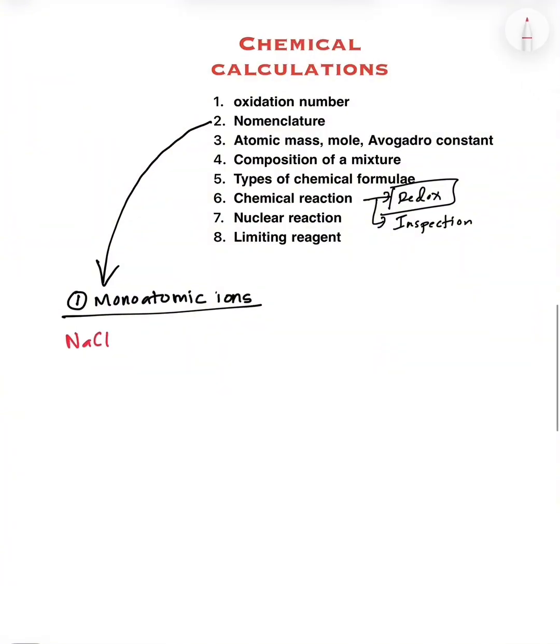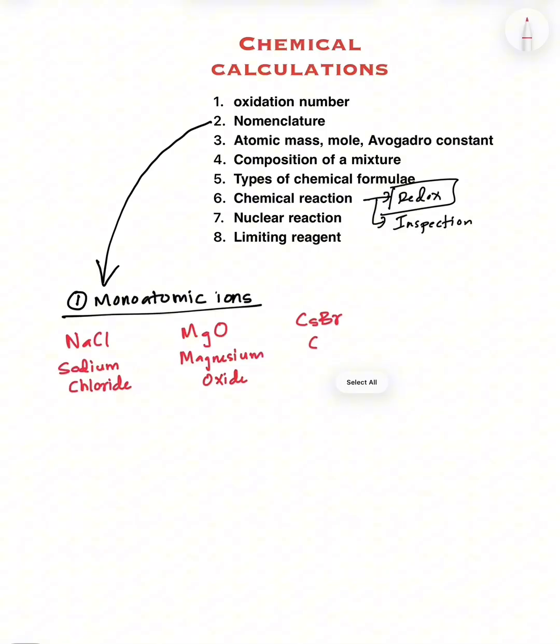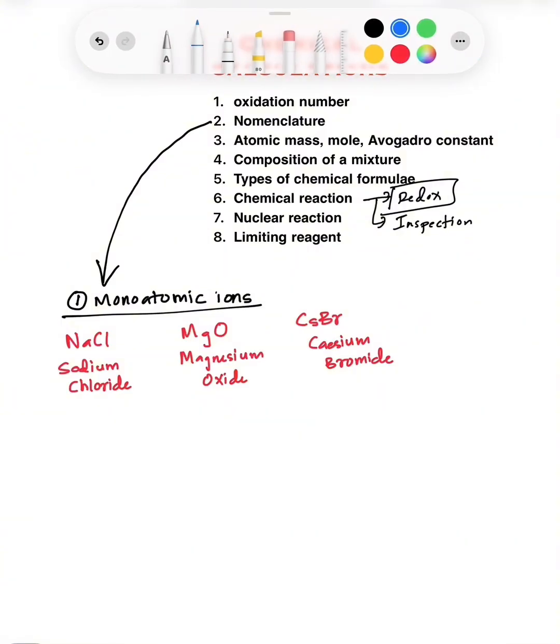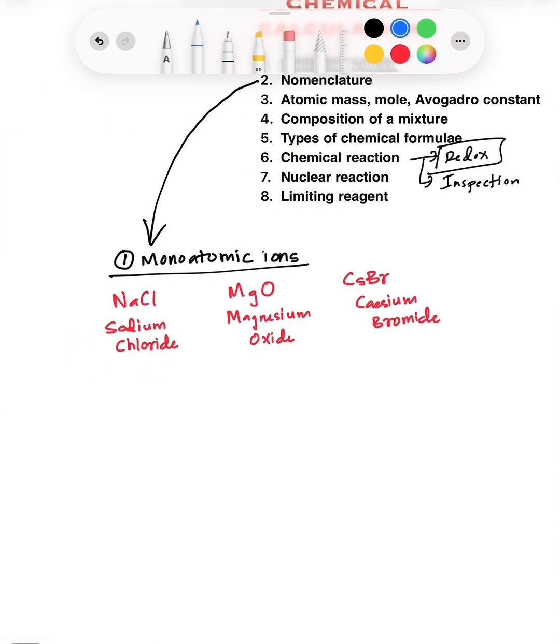Sodium chloride, magnesium oxide, and cesium bromide. Now I say this is sodium chloride, this is magnesium oxide, and this is cesium bromide. The rule for naming these monoatomic ions is, first we write the name of the cation.